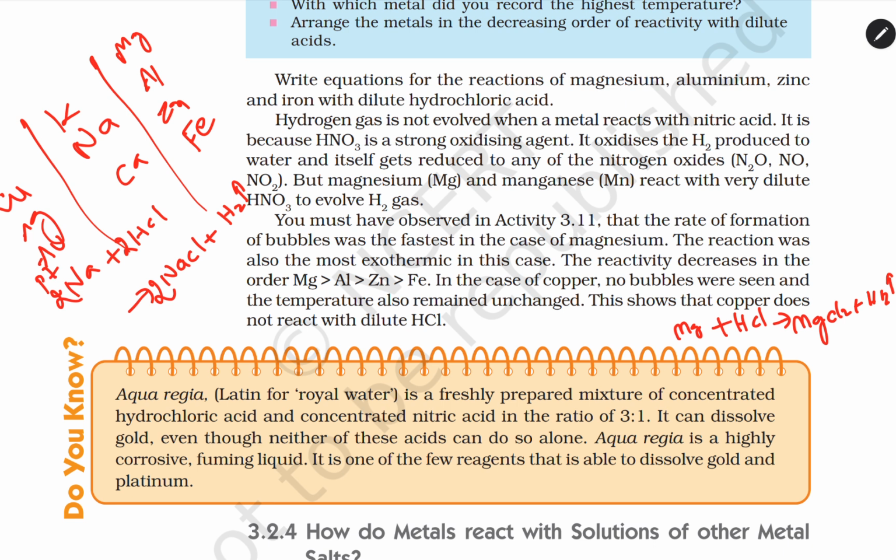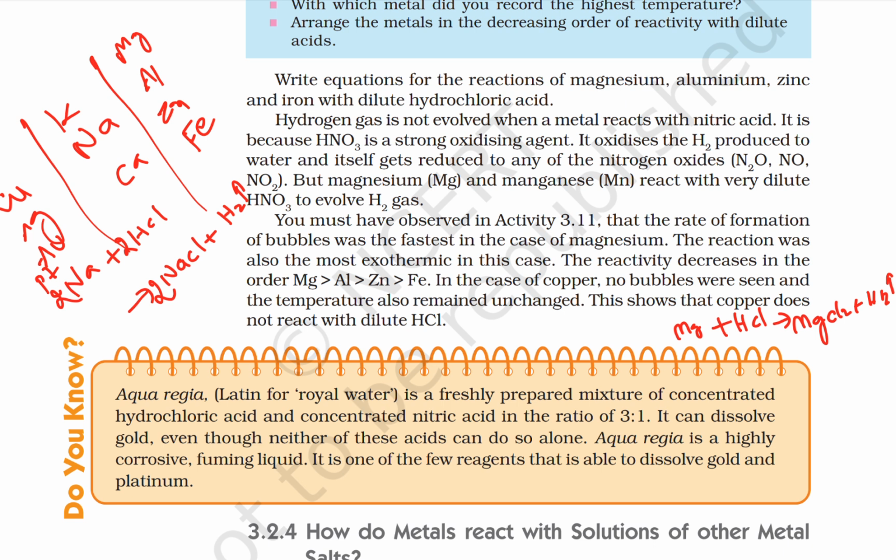These are very less reactive and they do not react with acids because they are less reactive than hydrogen. So no hydrogen gas is produced in these reactions. Copper plus HCl, there is no reaction. Even silver plus HCl, there is no reaction. Gold, there is no reaction.